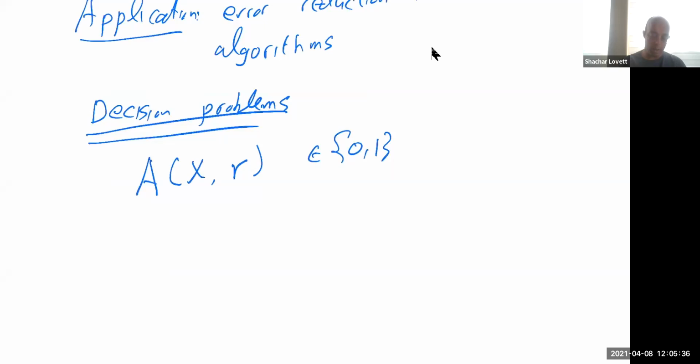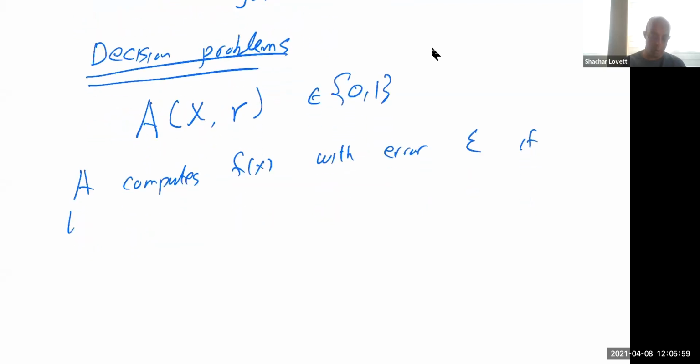And so we say that A computes some function f of x with error epsilon. Let's say with error 1/3 for concreteness. Or let's say error epsilon. There are two notions, the one-sided and two-sided notion.